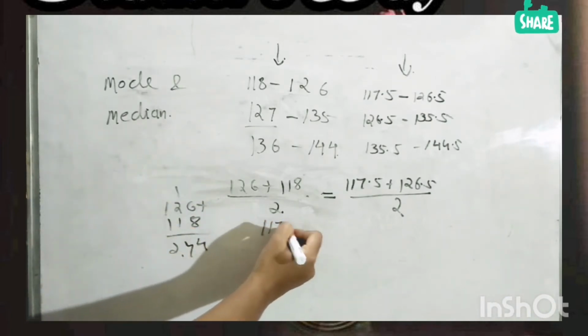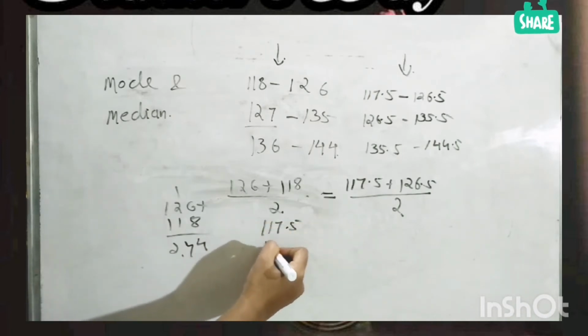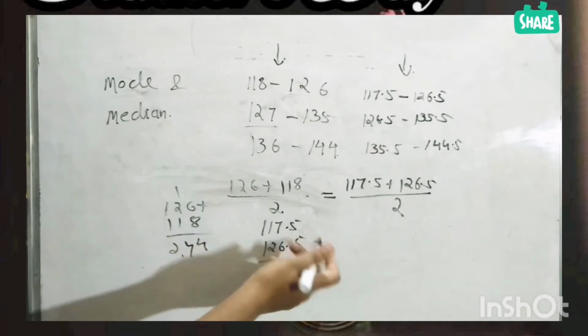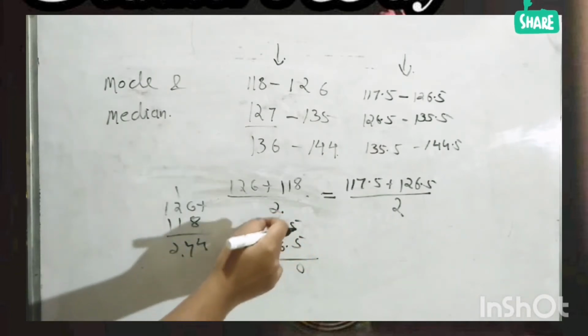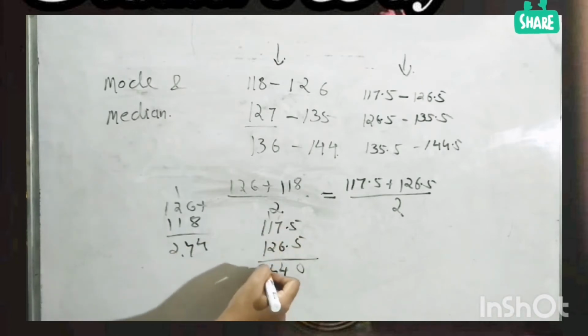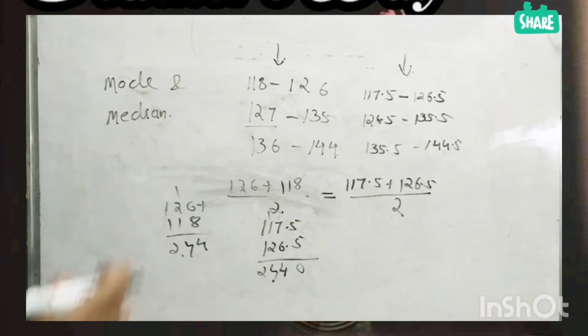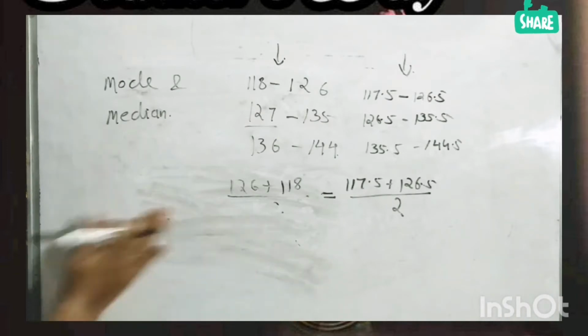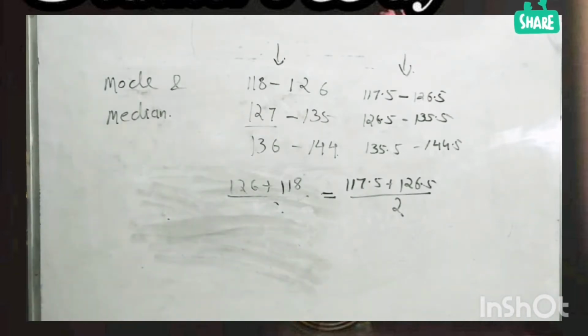And 117.5 plus 126.5 is also 244. We are getting the same value, 244 divided by 2. So in both cases you get the same class mark, the same xi.